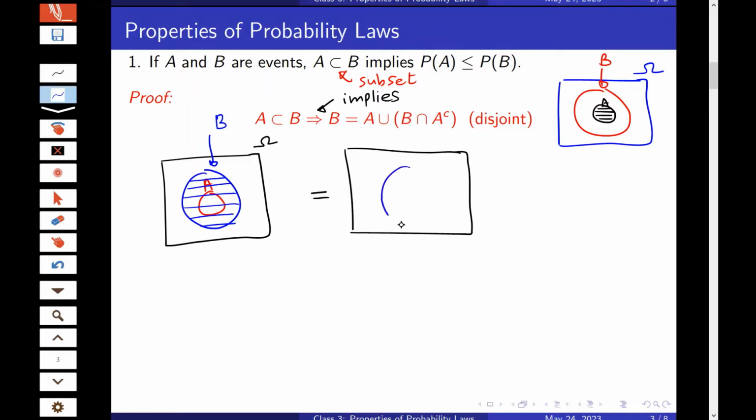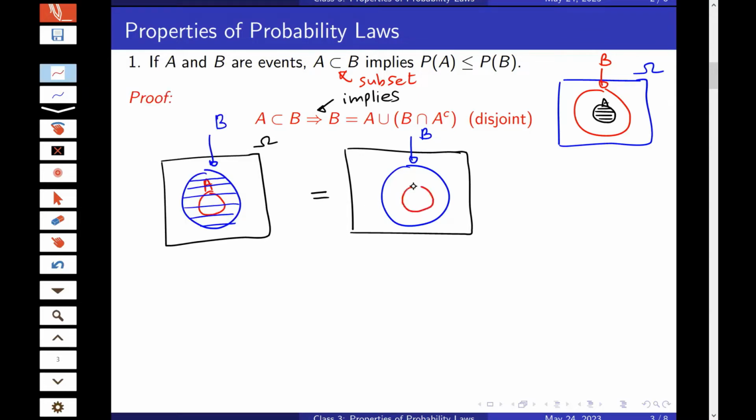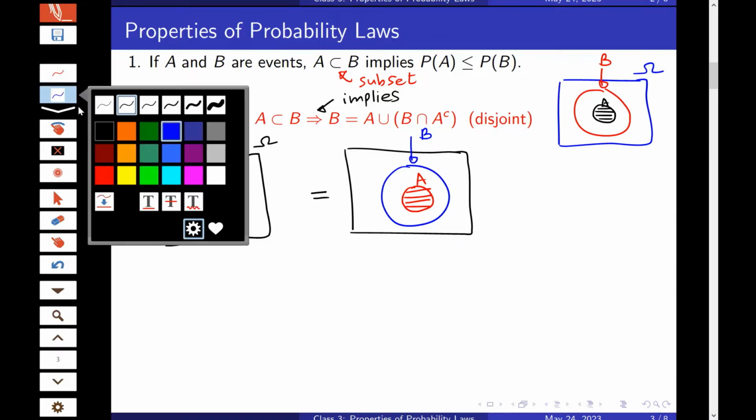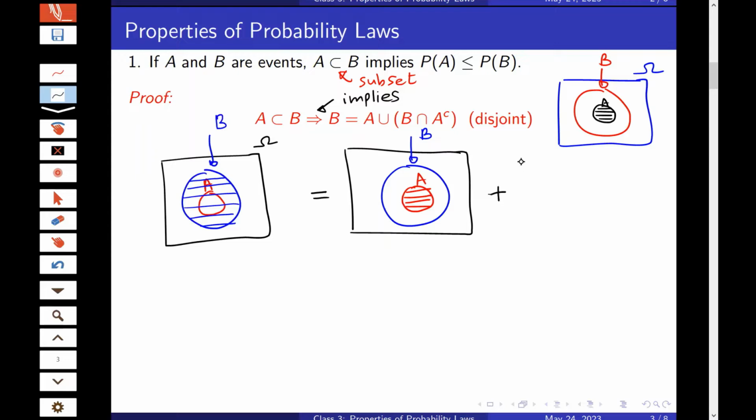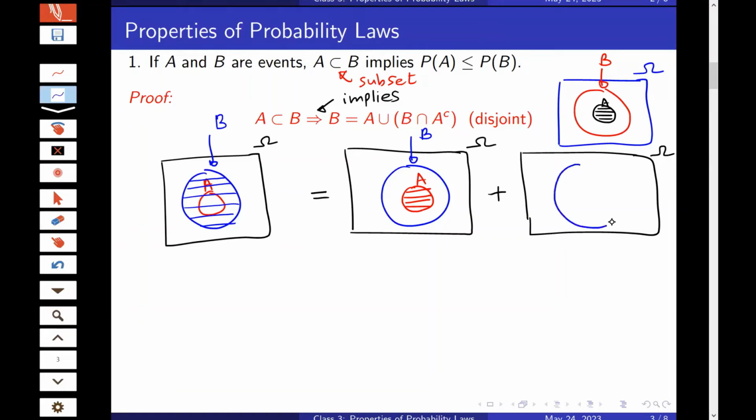I'm going to draw it again. This is B, and this is A. A union means this part, together with that one again to show the B intersection A complement part. So this is B.